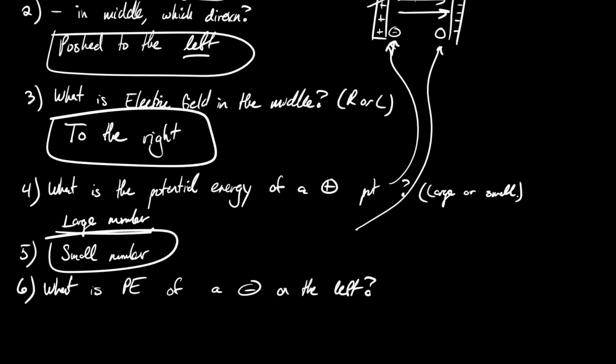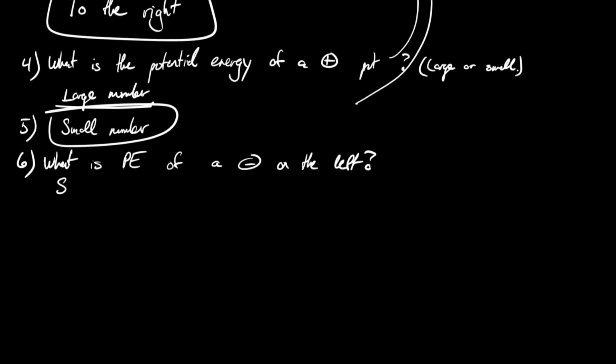A negative charge placed there, does it like being there or hate being there? Well, it's near positive charges, so it definitely likes that. And it's also far away from the negative charges that are repelling it. So it really likes being there, so it's a small number on the left.